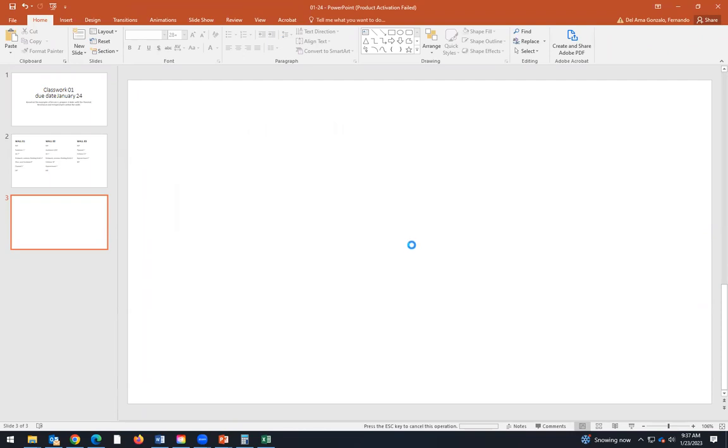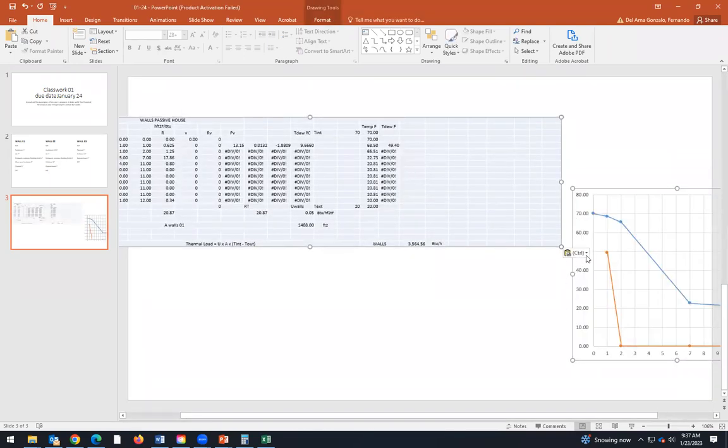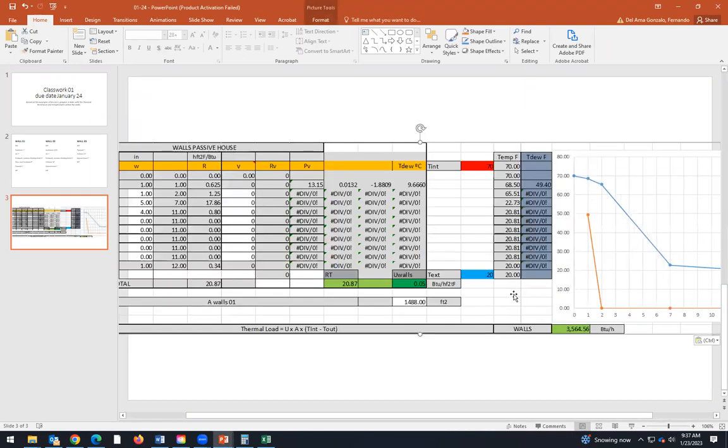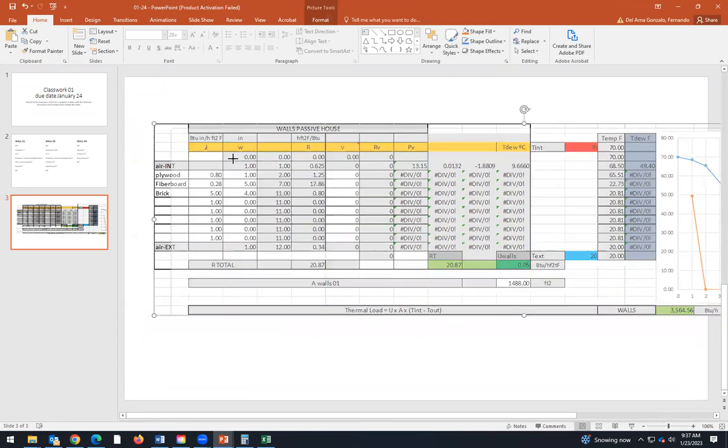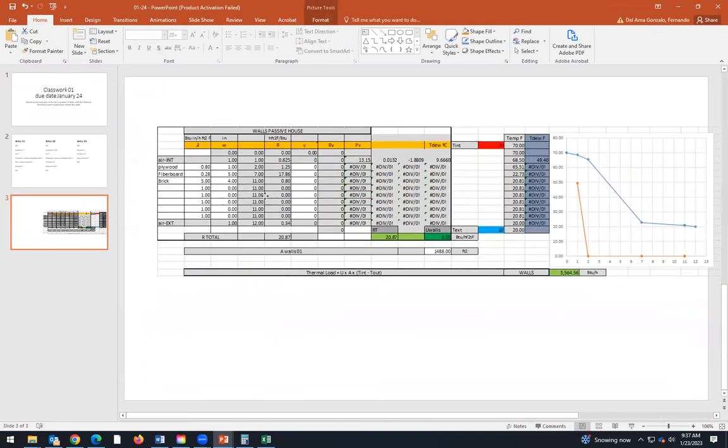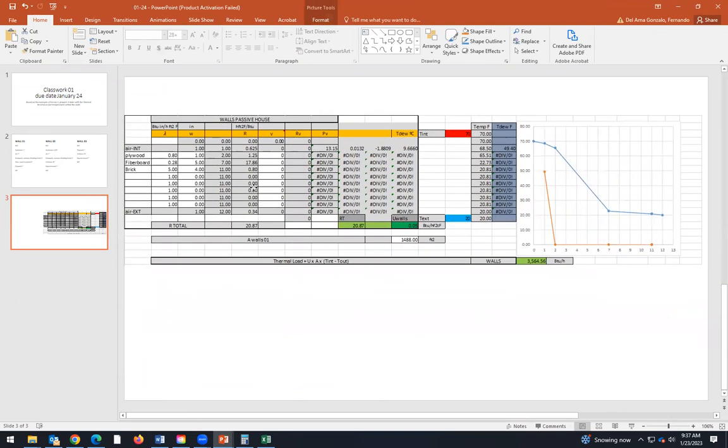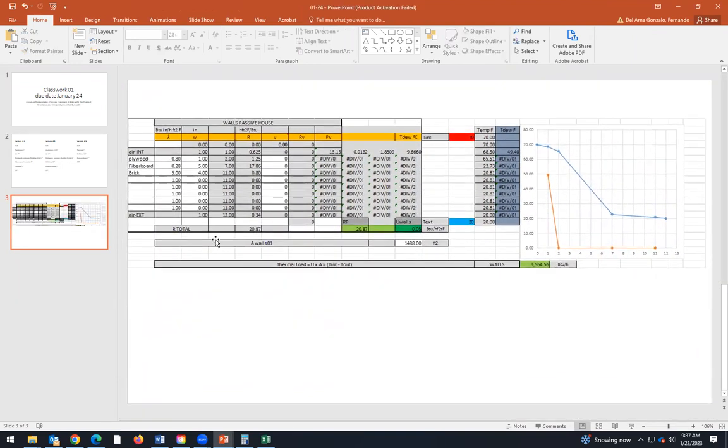If this is wall 1, I want you to copy and paste this table here.